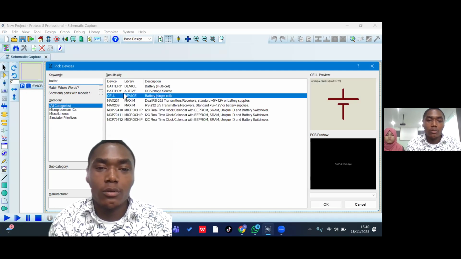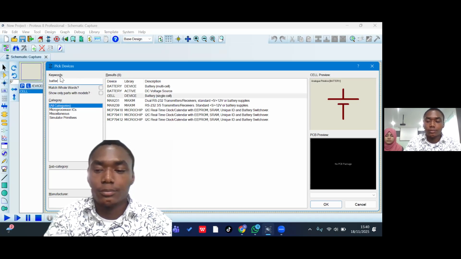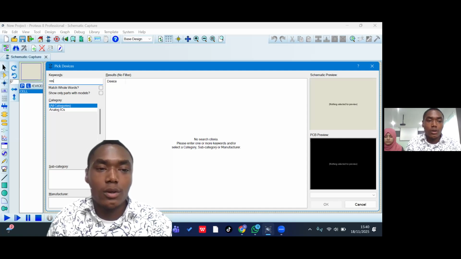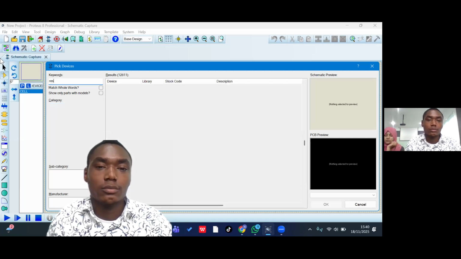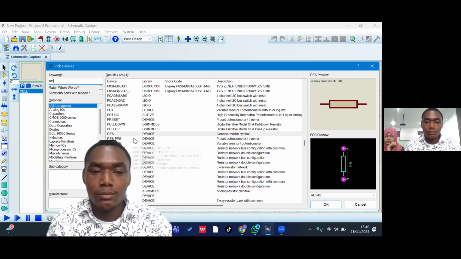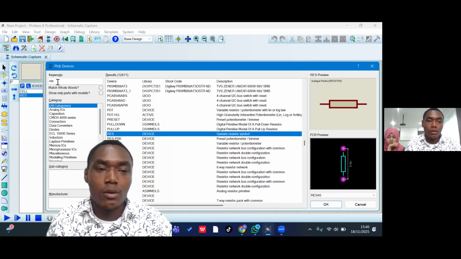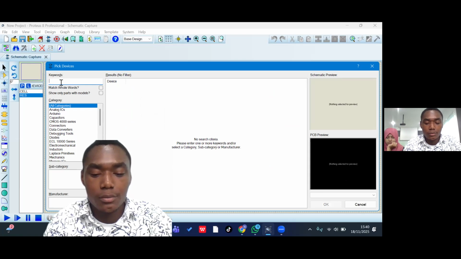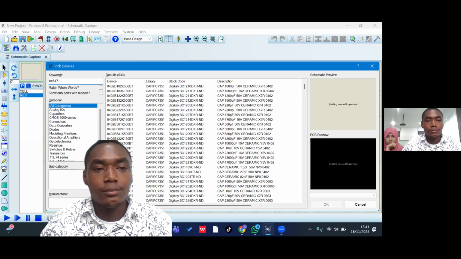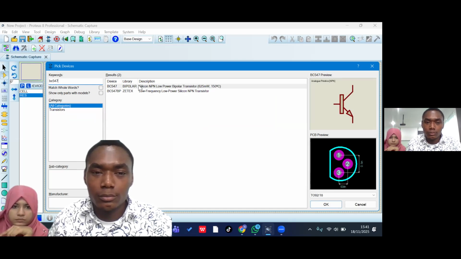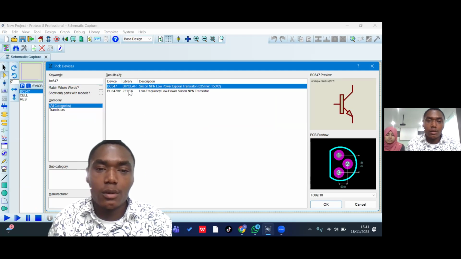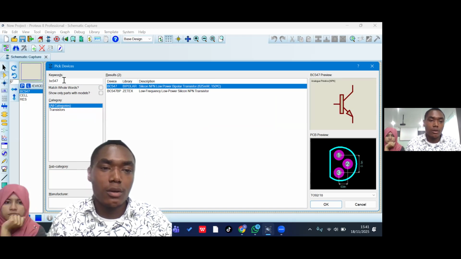Let me look for a battery, a resistor, and also an NPN transistor. This one, bipolar silicon NPN low power bipolar transistor.